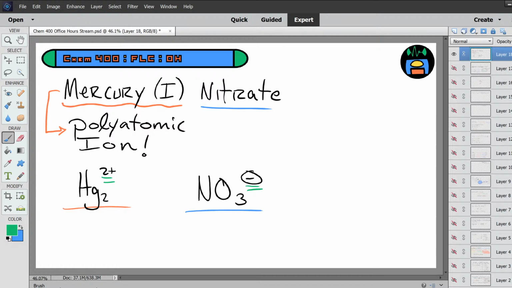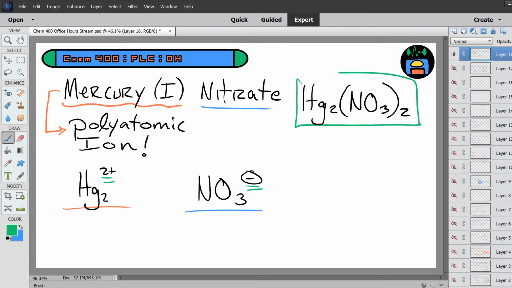We need 2 negative ions to pair with that. So it actually is Hg2(NO3)2. This is the correct answer because mercury(I) comes in a unit of 2 with a charge of +2.